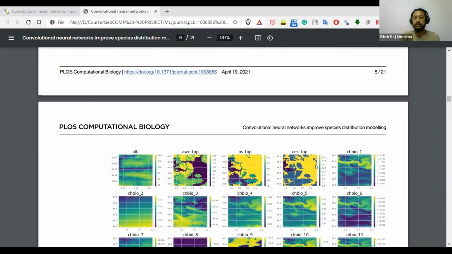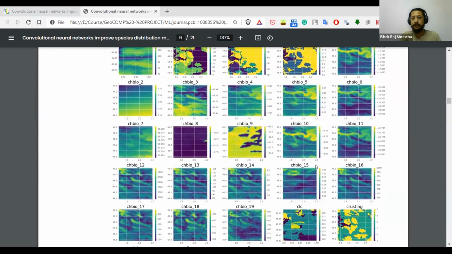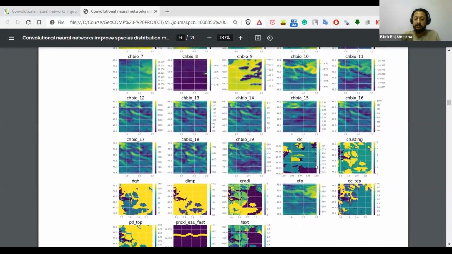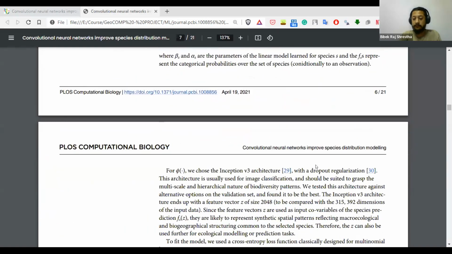The reason I was interested in this paper is that I was working with river dolphins in Nepal, and I was thinking this could be useful for understanding the species distribution modeling of the dolphins. So that's what I got from the paper for now.